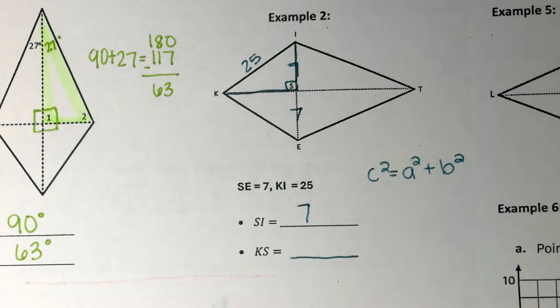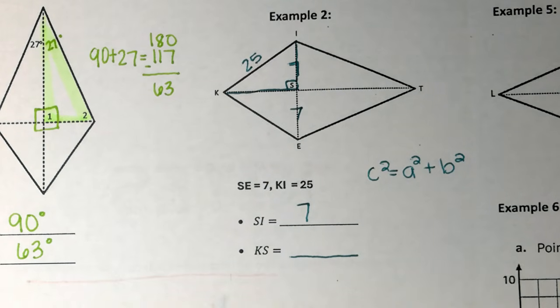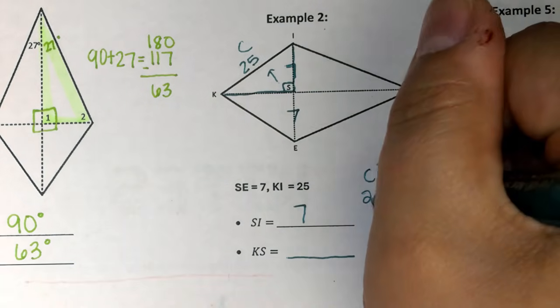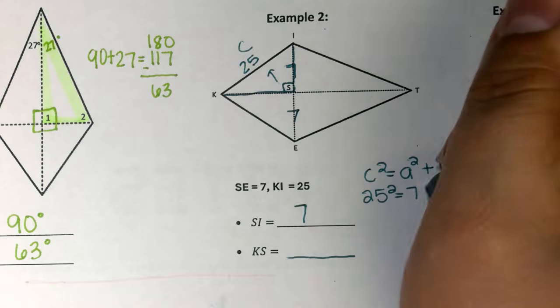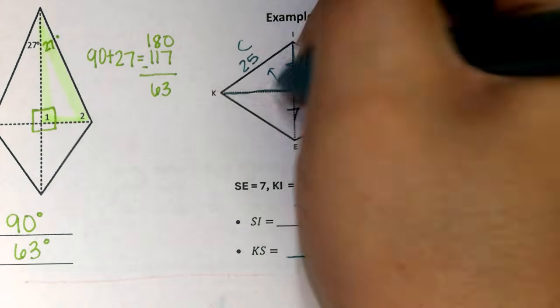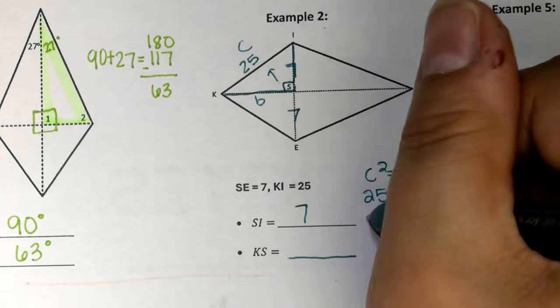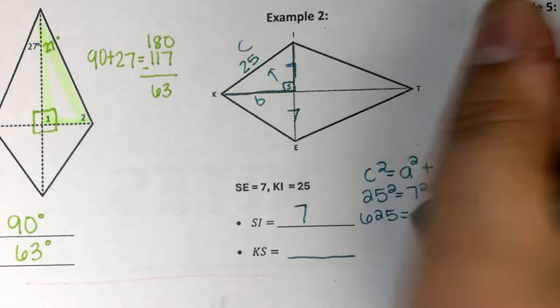Now, Jason mentioned, hey, this is one of the triples we wrote down. He's right. If you memorize the triples, you could just write down the answer. How many of you have this triple memorized, though? If you don't have the triple memorized, what do you do? Pythagorean theorem. What is my C here? 25. 7 squared plus, and I'm just going to label this B squared. 25 squared is 625. 7 squared is 49.